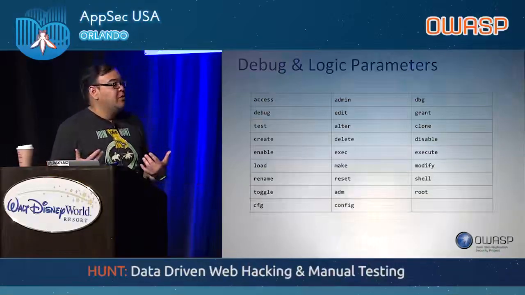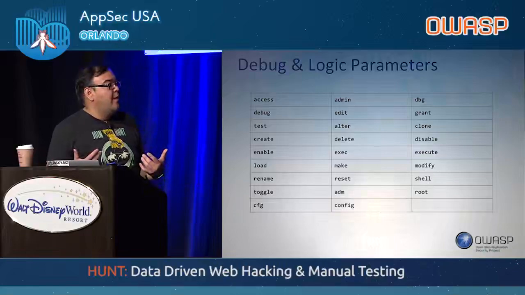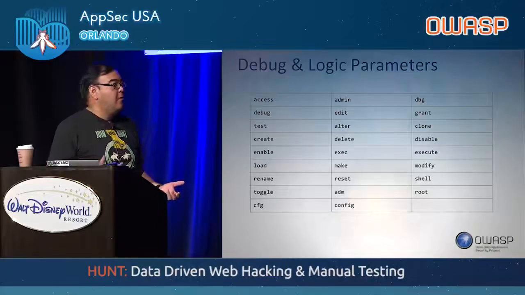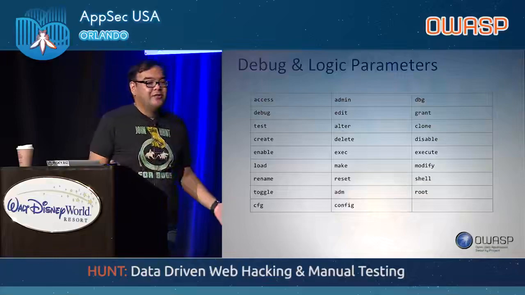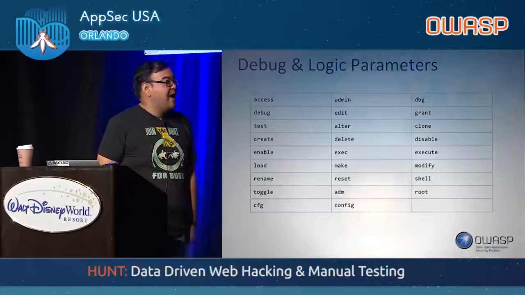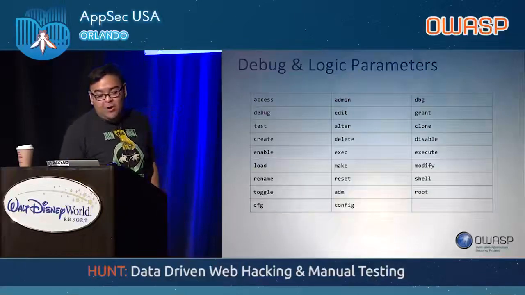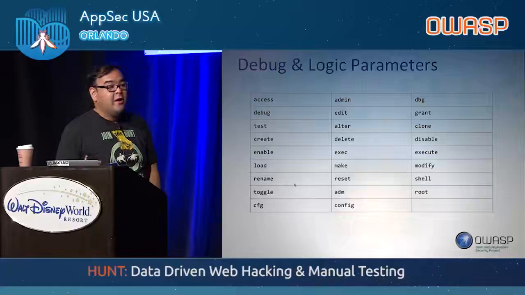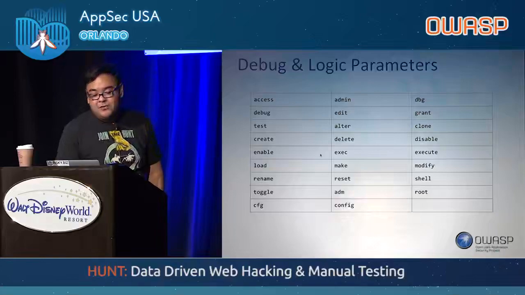Sometimes you don't think of that right away, or if you're a new pen tester, you wouldn't know to set a parameter from false to true just to see what happens. That's what we took from all of the actual debug and logic parameters, and it could yield some pretty good authentication or authorization bypasses within web applications.